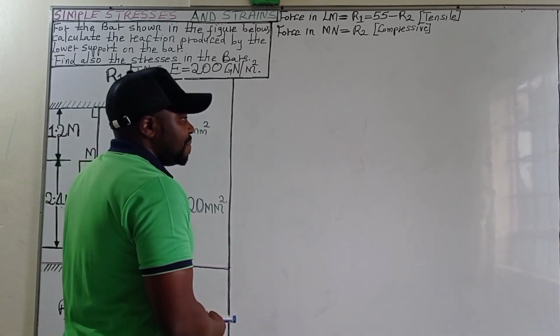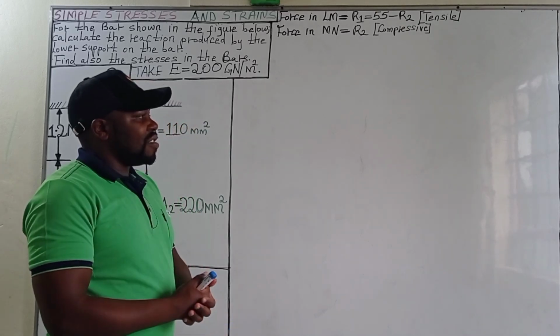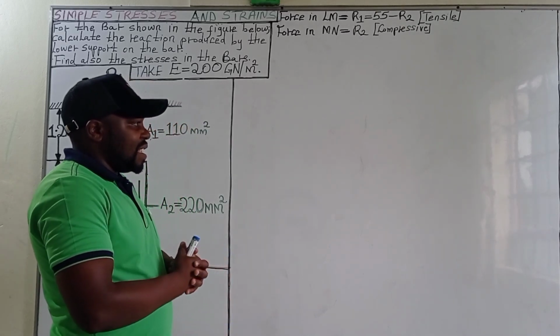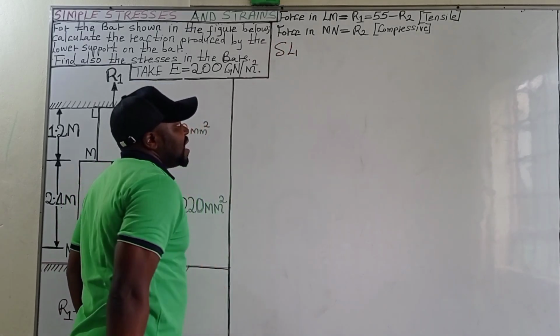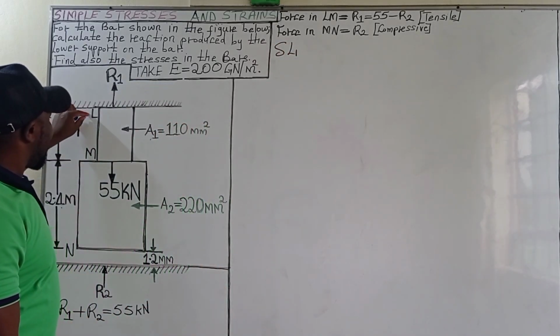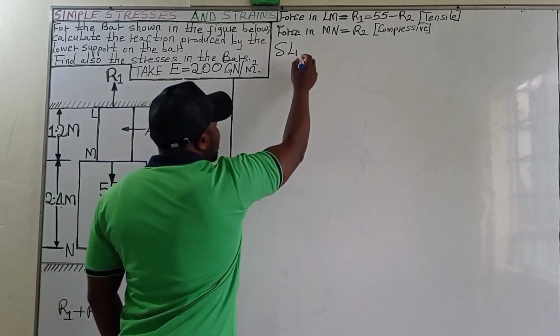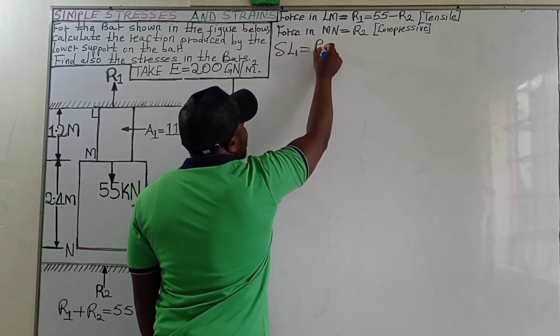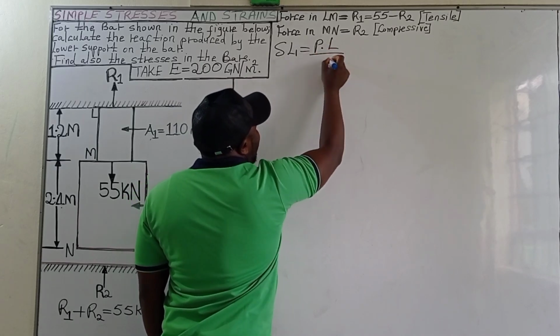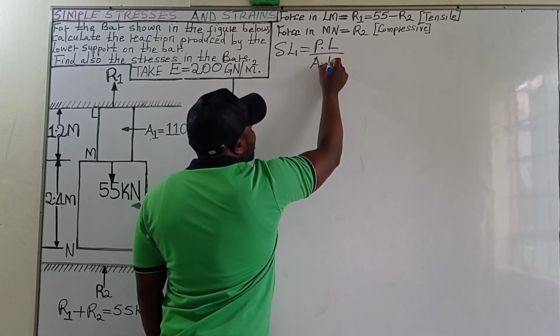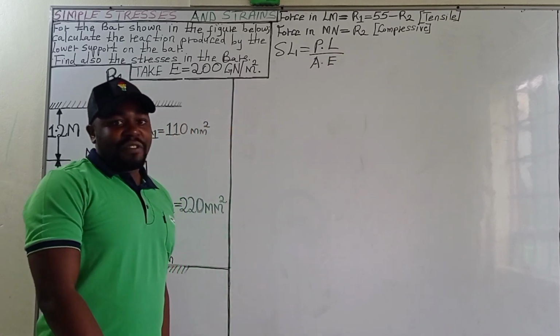And therefore, we are going to have this change in L1, the change in length in the bar LM, given by load multiplied by the length of the bar divided by area times the Young's modulus of the bar.